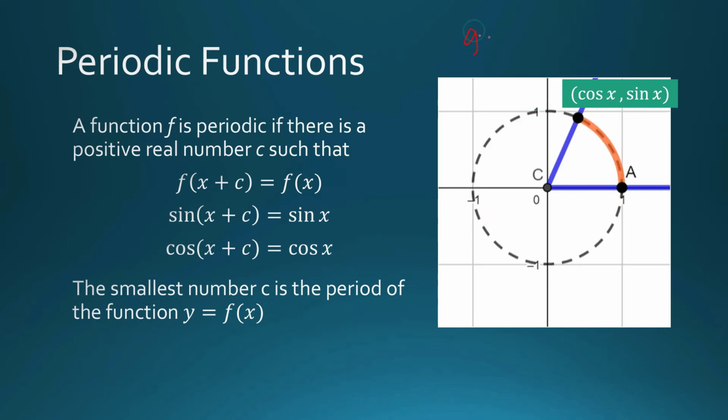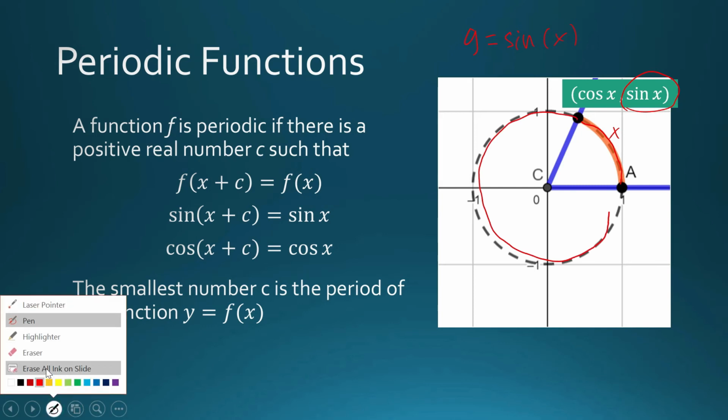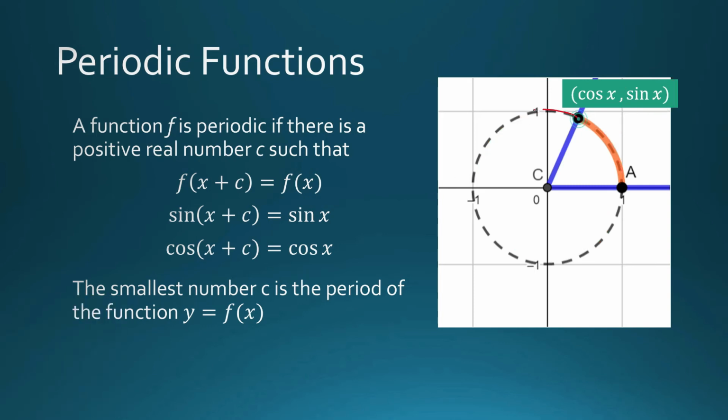What is the period of the function y is equal to sine of x? Let's say, for example, this is our arc whose length is x. So sine of x is the second coordinate of that point. Starting from this point, I will make one complete revolution, and that one complete revolution is equal to 2 pi. And guess what?